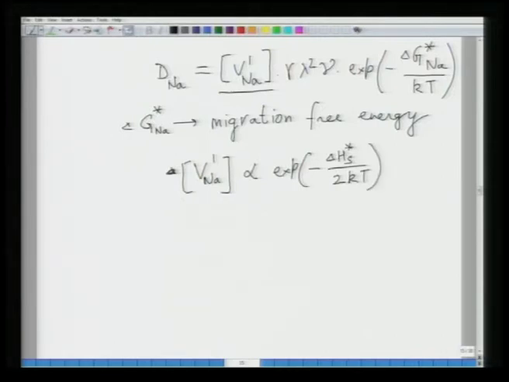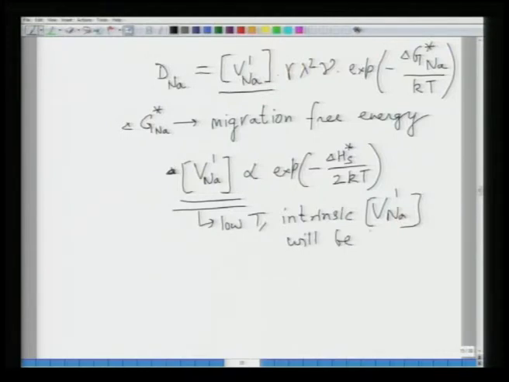So at lower temperatures the intrinsic V_Na concentration will be low, and the concentration of V_Na is determined by the presence of impurities.